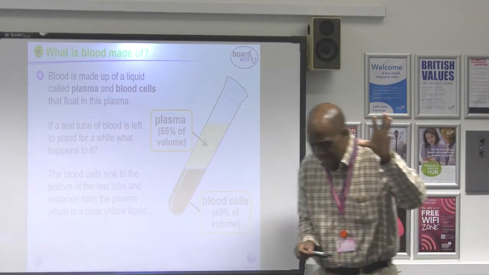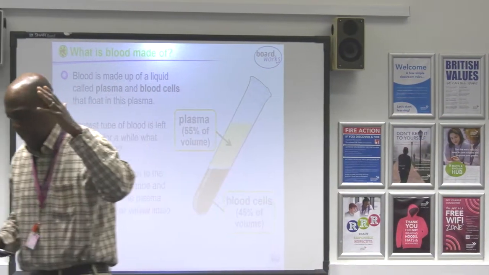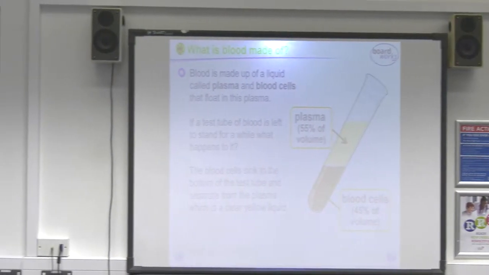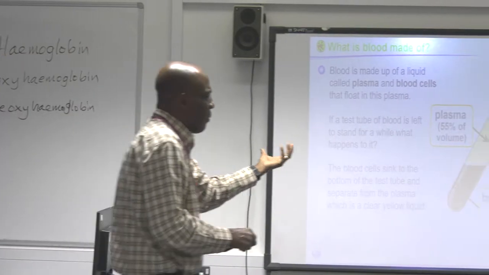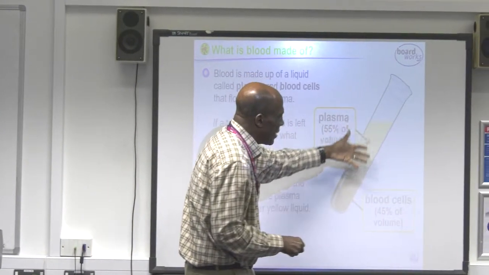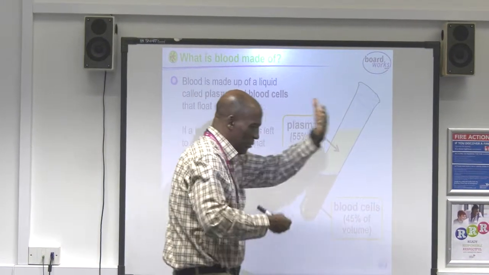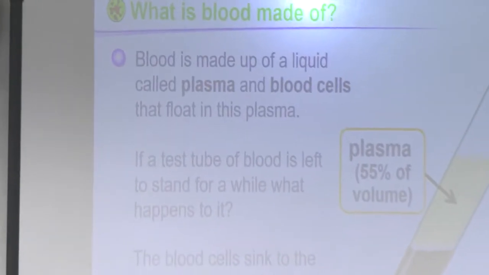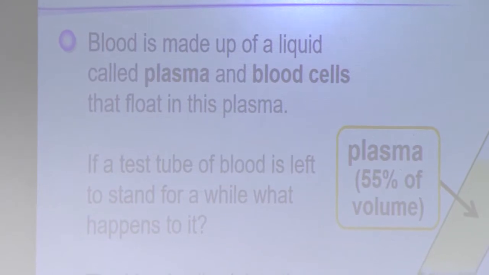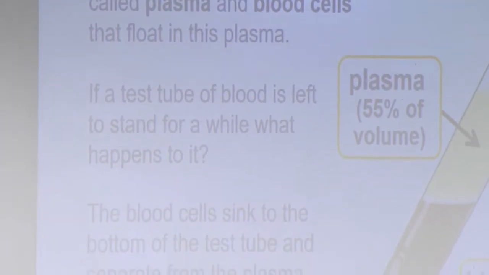But when we look at the water component of the plasma, then we pause and say to ourselves, this water component of the plasma, what role does it play? It helps to make the entire blood fluid. It increases the fluidity of the blood, the flow of the blood.